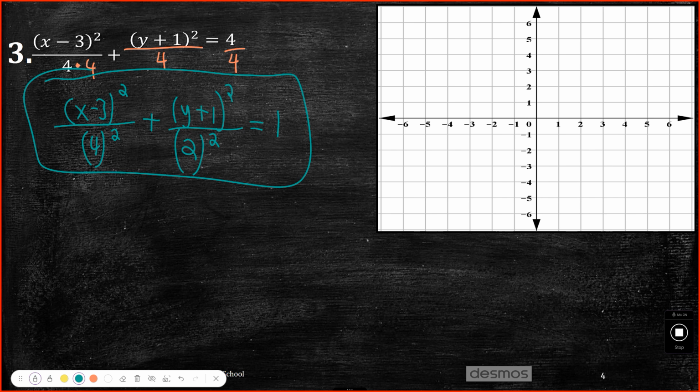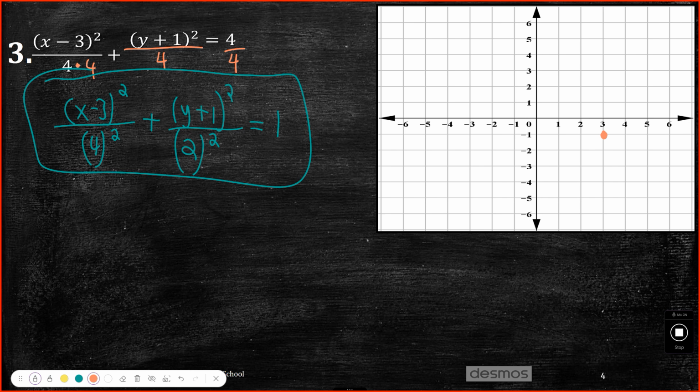What is the center? 3, negative 1. So the center of this ellipse is at x equals 3, y equals negative 1. The length along the x is what, everybody? That's the way I call it.